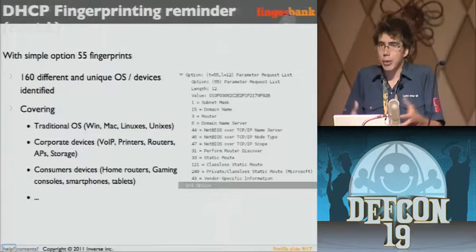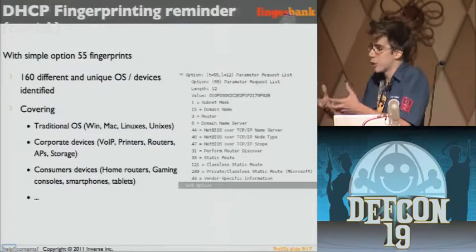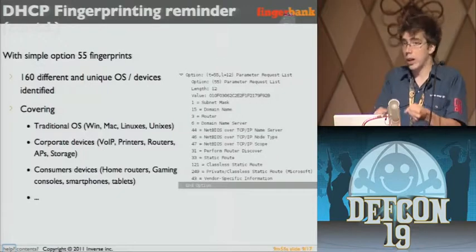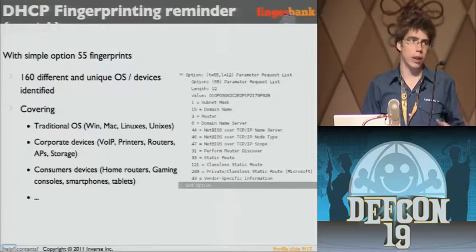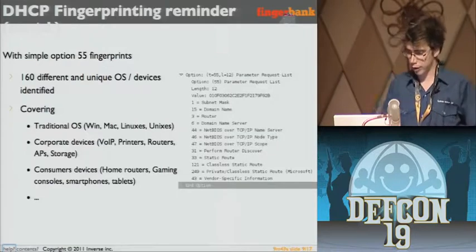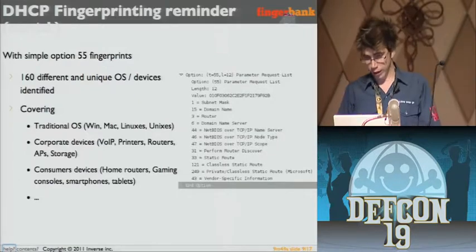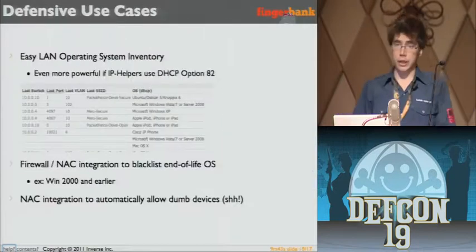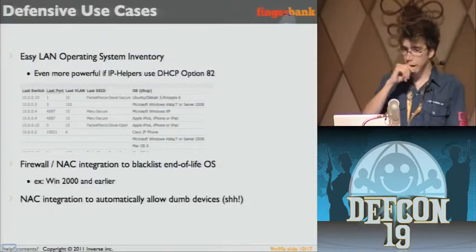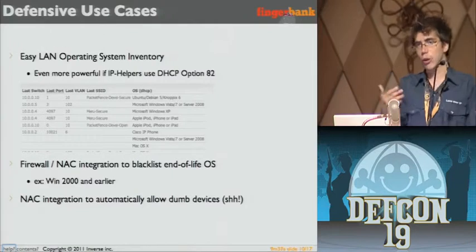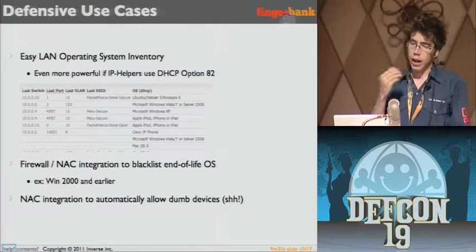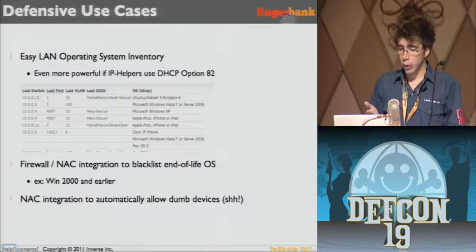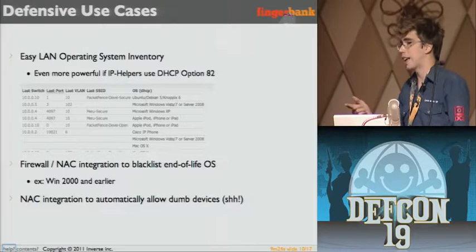It shouldn't all be fixed IPs, but anyway, we got them. Option 55 is simply a list of the options, as you can probably see on the slide, like 1, 15, 3, 6, 44, all based on what the client requested. Only that simple list helps us uniquely identify a lot of stuff.